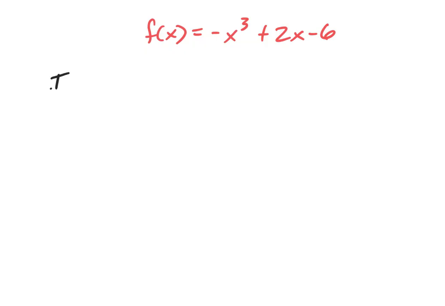Okay, this last one here. We're going to do the same 3 things. Where is it increasing? Where is it decreasing? And what is the minimum, maximum value of that graph? Okay, so the first thing we've got to do is put the graph in.